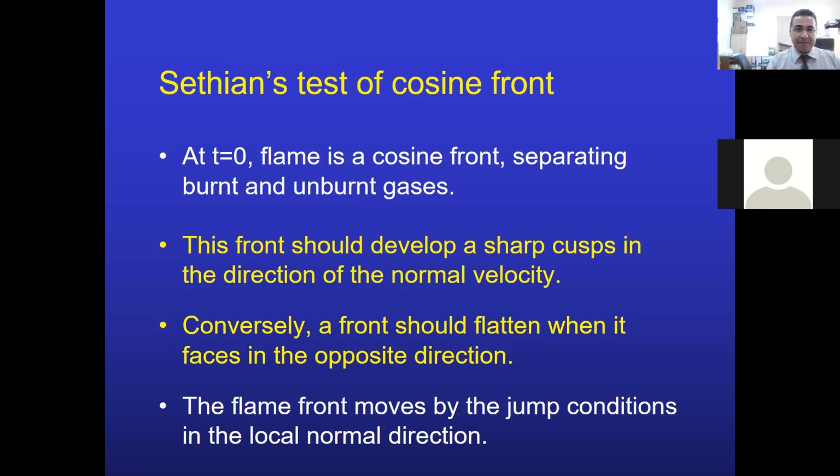So what I did was look at Sethian's test of a cosine front. This is supposed to be a simulation of, say, a flame front in which the flame is a cosine function separating burnt and unburned gases. The front should develop a sharp cusp in the direction of the normal velocity.